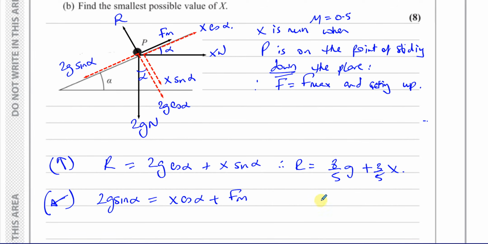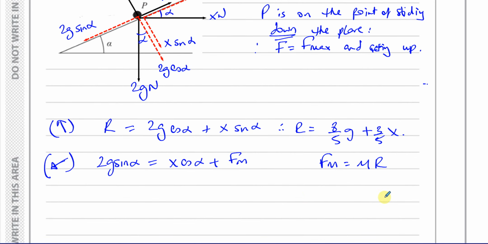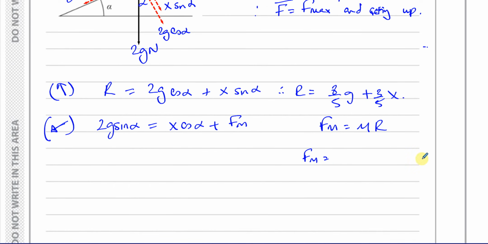Now we know that F max is equal to mu times R. Mu we know is 0.5, a half, times 8 over 5 g plus 3 over 5 x. So F max is equal to 8 over 10 g plus 3 over 10 x.